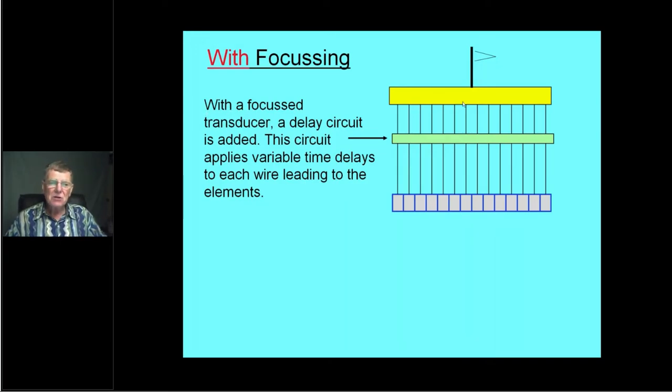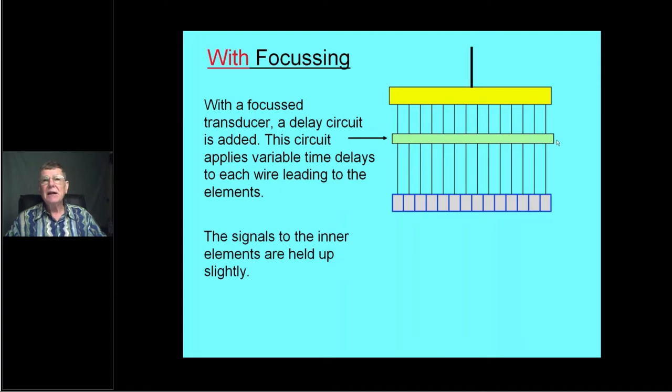Okay, so with a focus transducer, as I said, they've added this delay circuit. And this delay circuit can apply electrical delays to the energy coming down through these wires. So what will happen here is you will have your main energy spike coming from the machine. The machine says, right, I'm sending out a pulse now. So down it goes. It splits it up into the individual wiring elements, which will come down into the delay circuit.